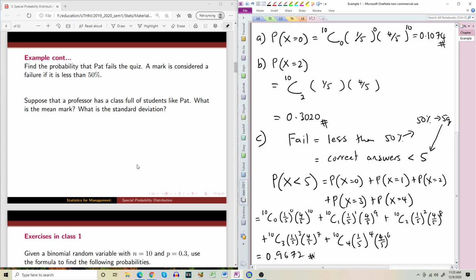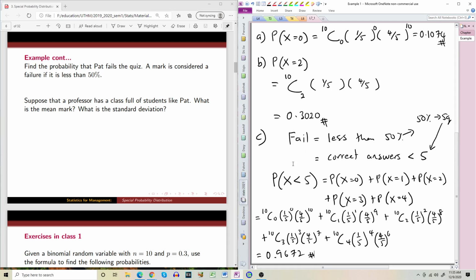Okay guys, I suppose you have copied already. Now there's another one. Suppose a professor has a class full of students like Pat. What is the mean mark and what is the standard deviation? So I'm going to the next page now. Okay, I suppose everybody has copied.